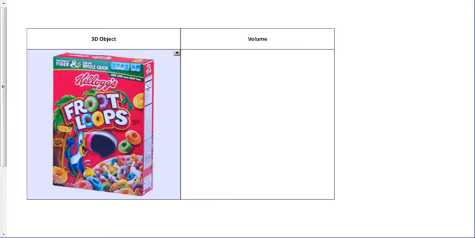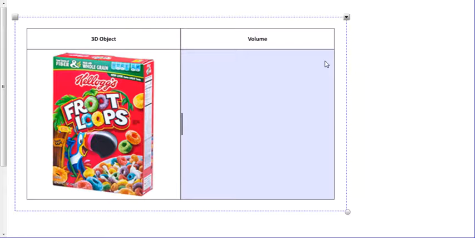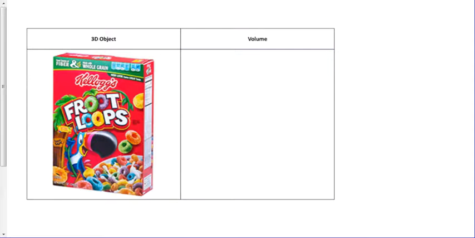Your first example, on my screen it's a lot bigger than on yours, is a rectangular prism. I've drawn an example of a rectangular prism, and mine's a Fruit Loop box.